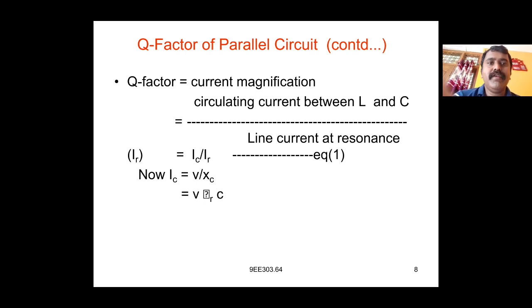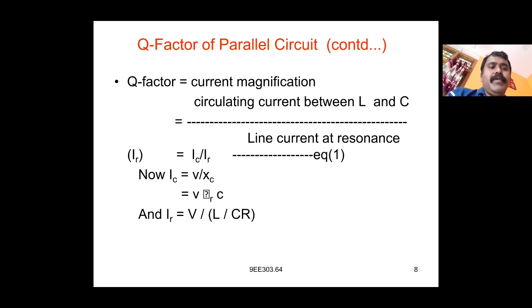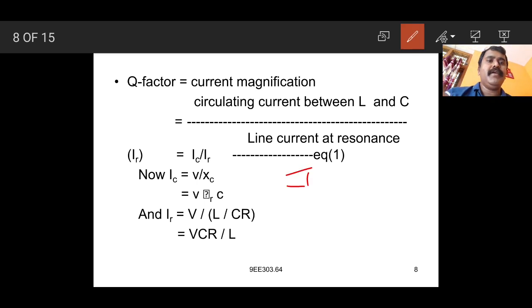Again IR is equal to V by R, V by L by CR, that is VCR by L. Here the current magnification can be expressed as IC by I.